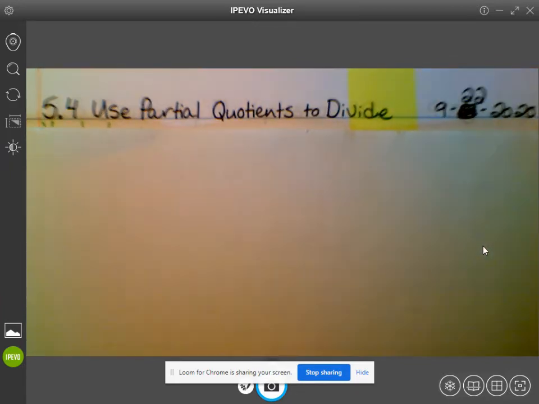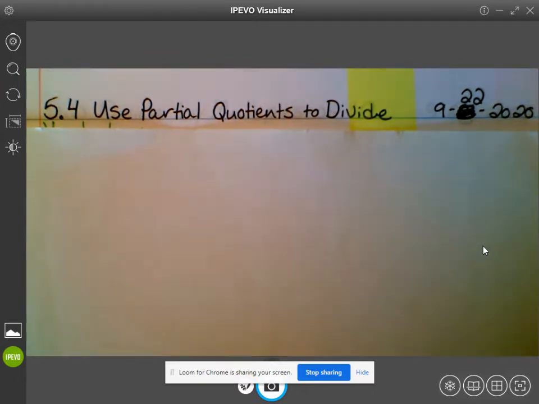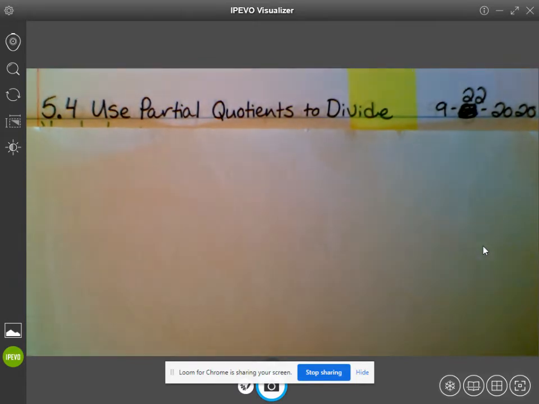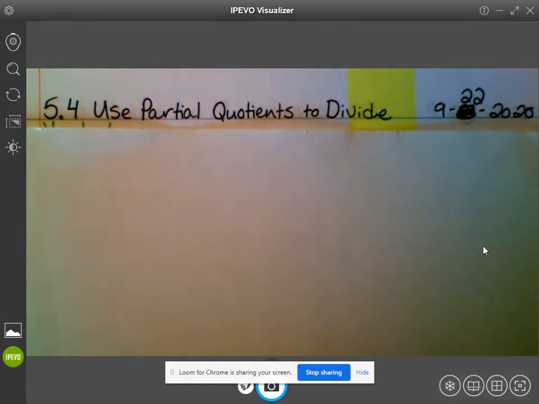So, 5.4, use partial quotients to divide. And then today's date of 9/22/20. And put a thumbs up on your desk when you have the title and today's date at the top.